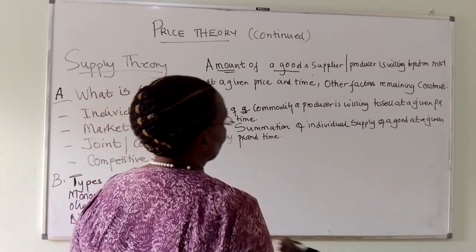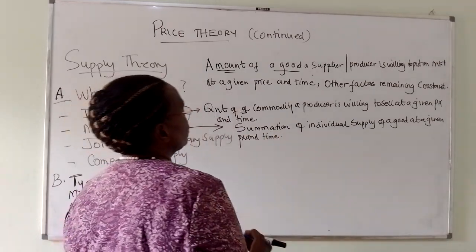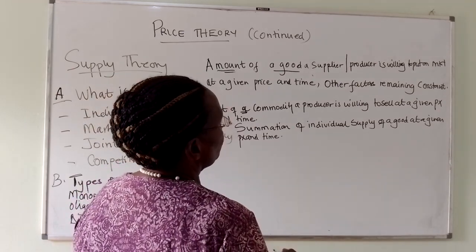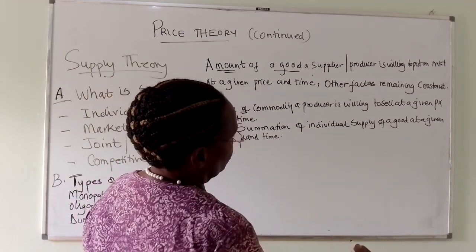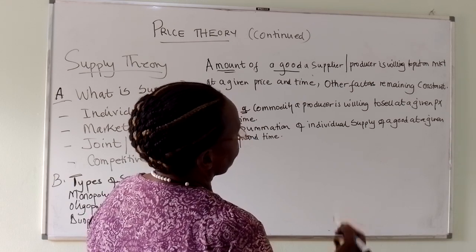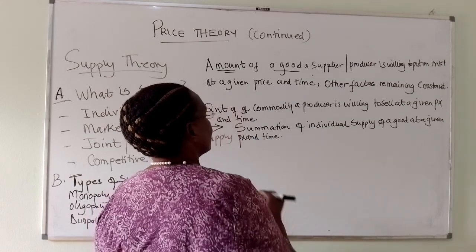So whenever you sum up, you get an aggregate, you get the total. So you can find the total supply of a good by all the suppliers or all the producers of that commodity.